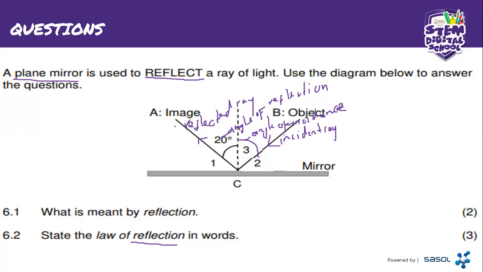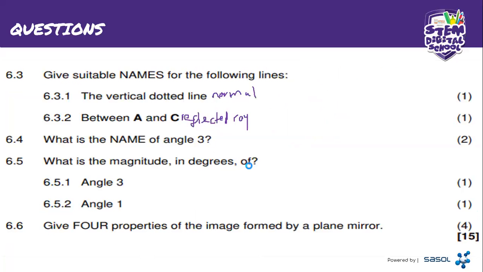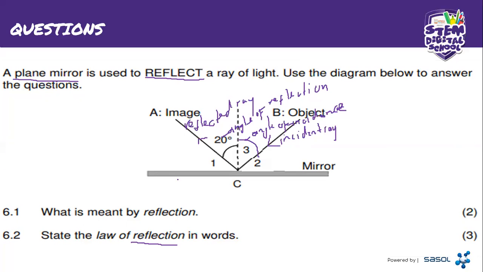Most of you tend to be used to working with how you see things from left to right, but there it was clarified to us that B is the object and A is the image. Then they ask us, what is the name of angle 3? Angle 3, we have talked about it.